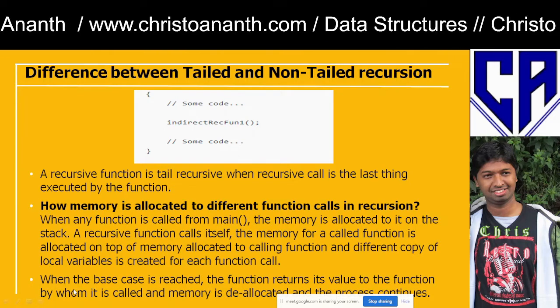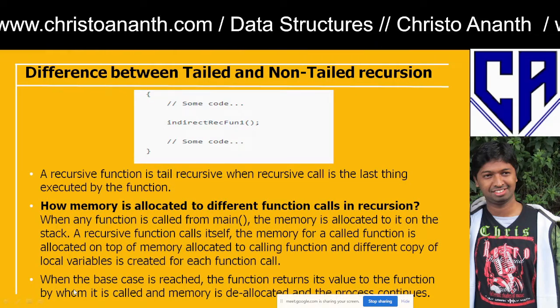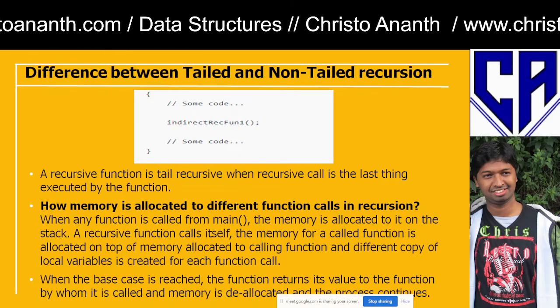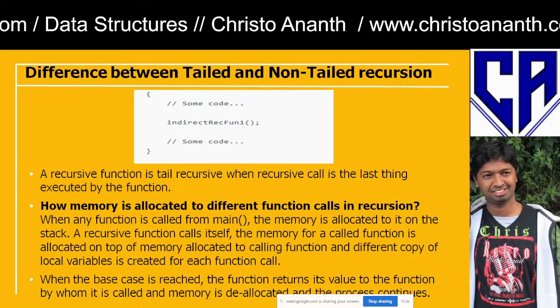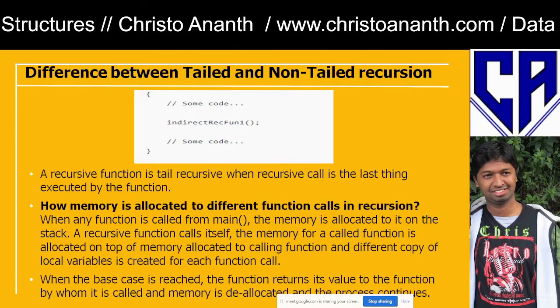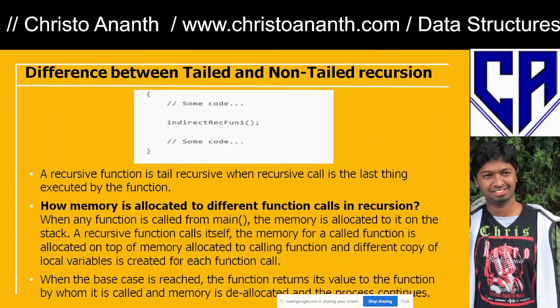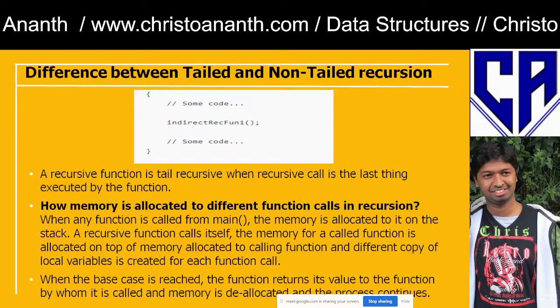For this case, a question normally arises about how memory is allocated to different function calls in recursion. When any function is called from main, the memory is allocated on the stack.